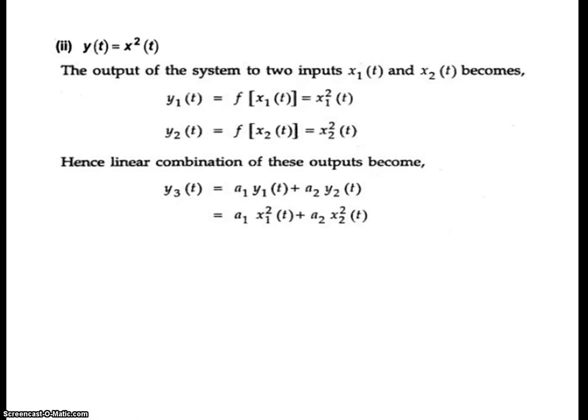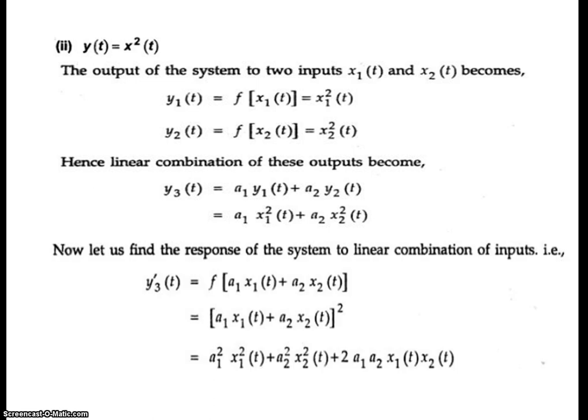We consider an example: y of t is equal to x square of t. The output of the system for two inputs x1 of t and x2 of t becomes y1 of t equal to x1 square of t and y2 of t equal to x2 square of t. The linear combination of these outputs becomes a1 into x1 square of t plus a2 into x2 square of t.